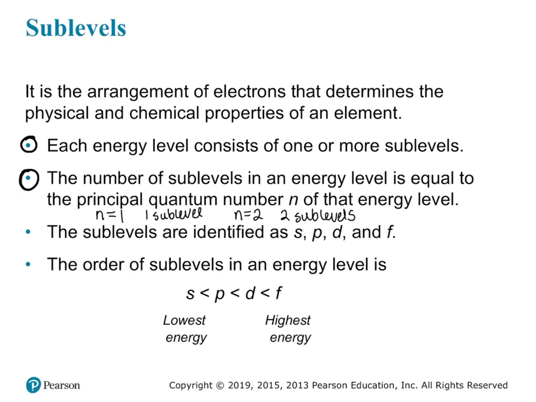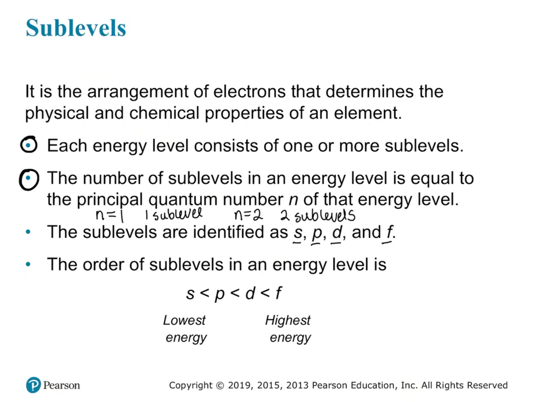So scientists who were working on figuring out where electrons exist around a nucleus identified these sublevels as S, P, D, and F. And these are not arbitrary letters. S stands for sharp.